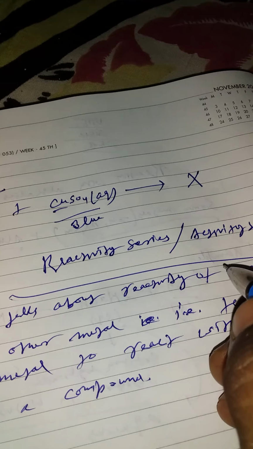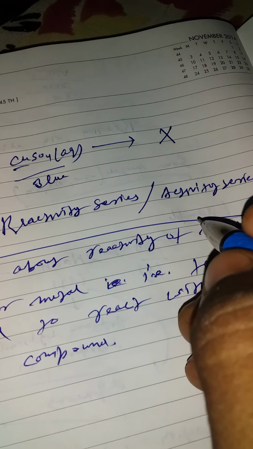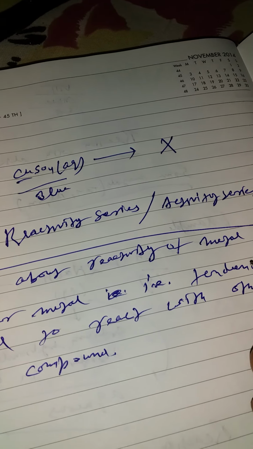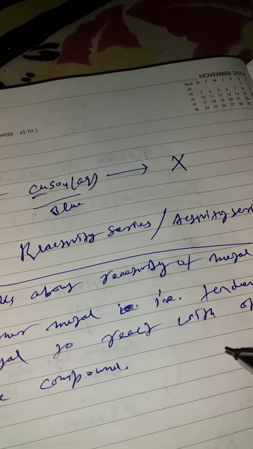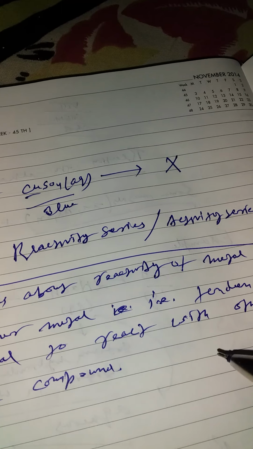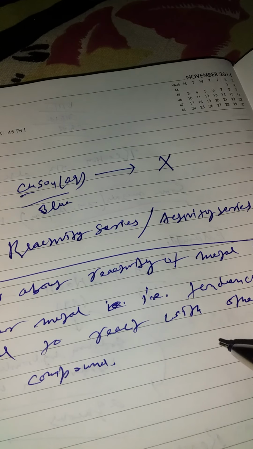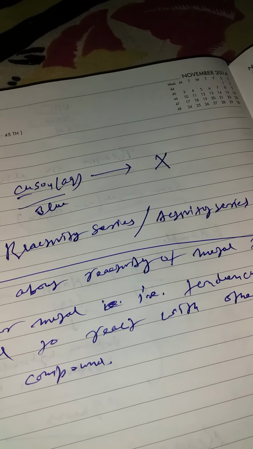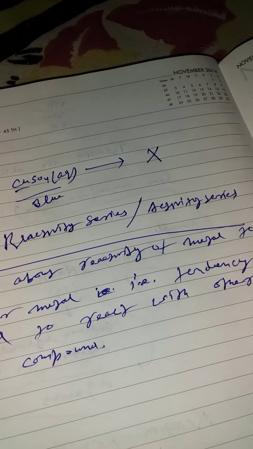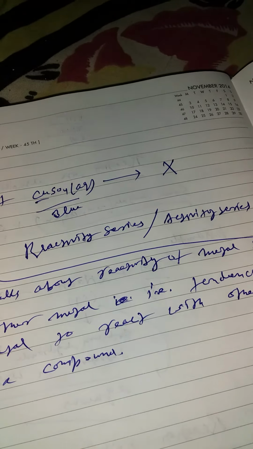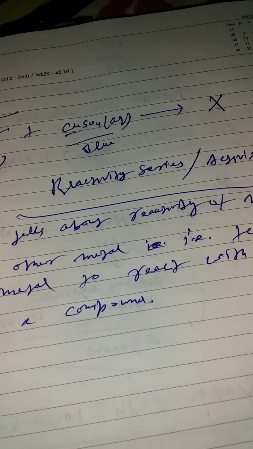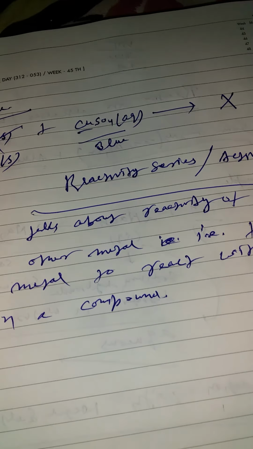The activity series tells about whose metal is more reactive or less reactive. So with the help of the activity series we can confirm that this metal is more reactive or less reactive.